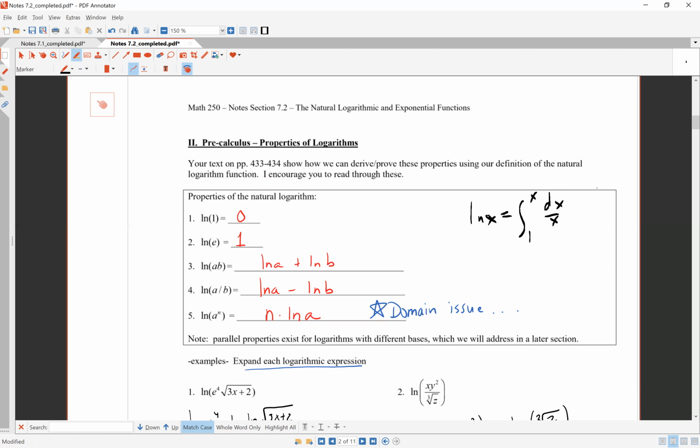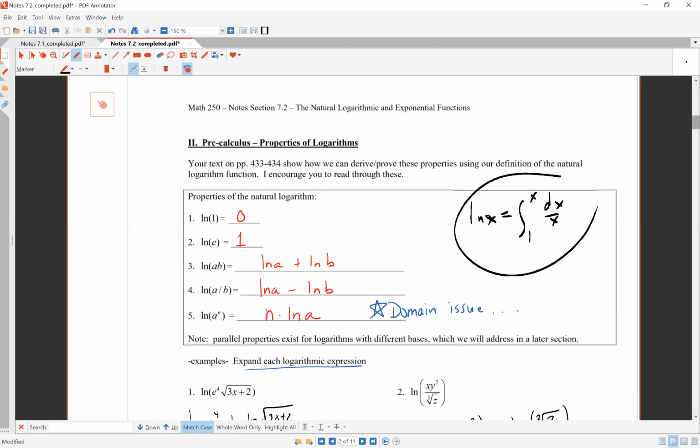And the same thing is true for the area of a divided by b. It's the area going a units past 1 minus the area going b units past 1. I don't think that's so obvious, but that's how a logarithm behaves. So this function here has all the properties of a logarithm.